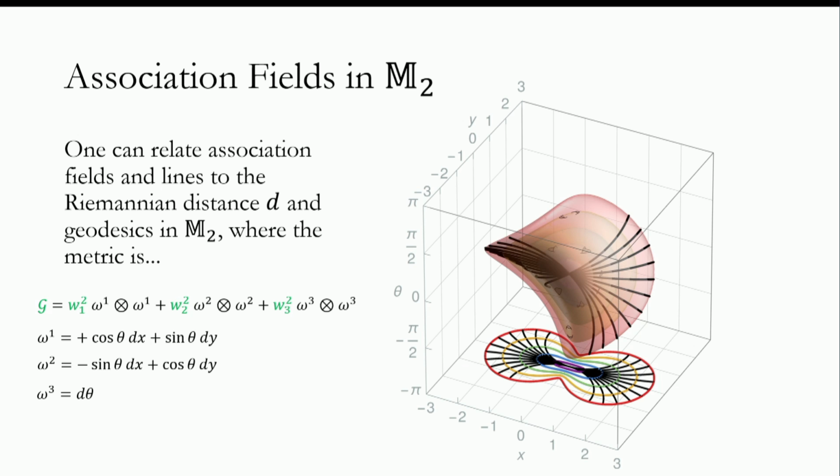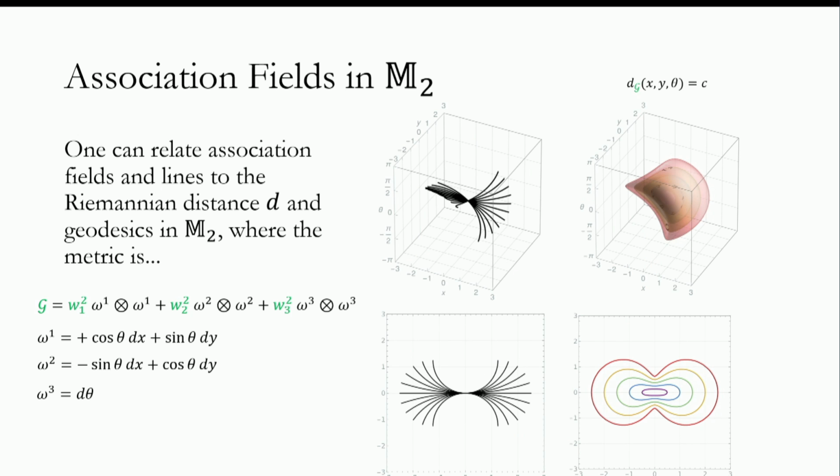Okay, so let me go back a little. So initially these are just some lines I've drawn, right? And this is just a lifted version of these. These are actually the geodesics. So that's the direct link. These association field lines are geodesics in M2.